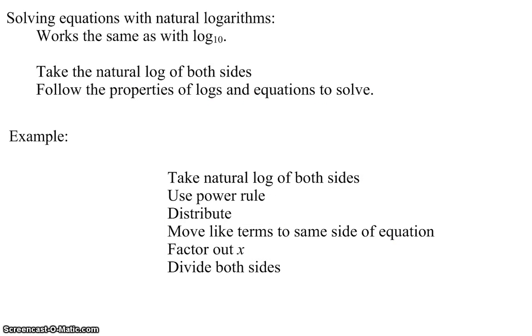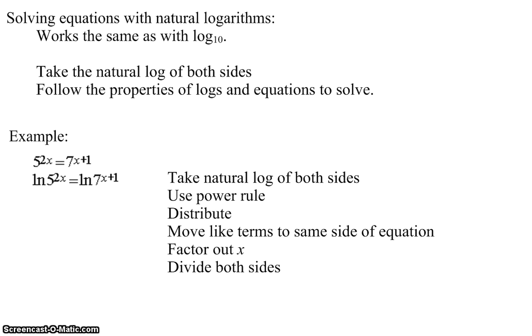Now, to solve an equation with natural logarithm, it works exactly the same as it did with the log base 10. We are using this to solve an exponential equation. So, for example, if we have 5 to the 2x equals 7 to the x plus 1, instead of taking the common log of both sides, we'll take the natural log of both sides.